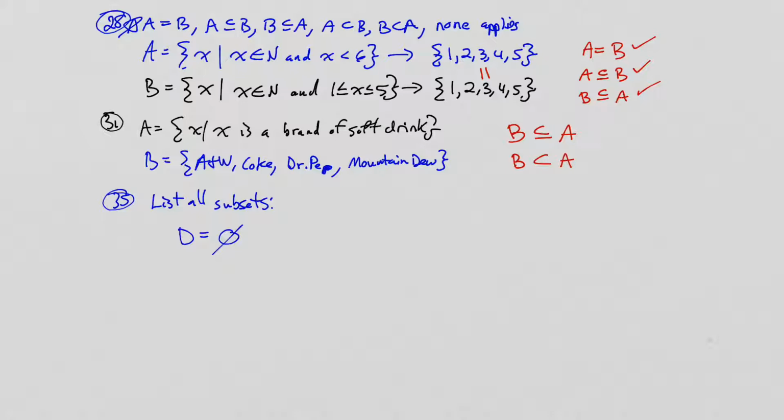So we can treat the null set just like the empty set, okay? And basically, it's a subset of itself. So the only subset that you're going to list here would be itself. Okay? That's it.